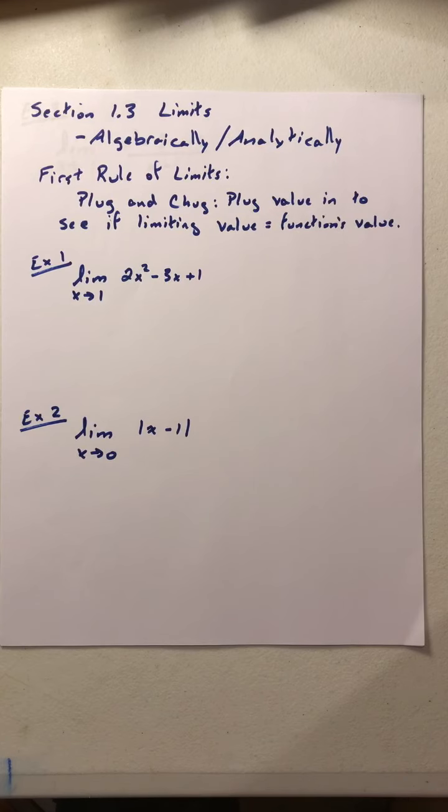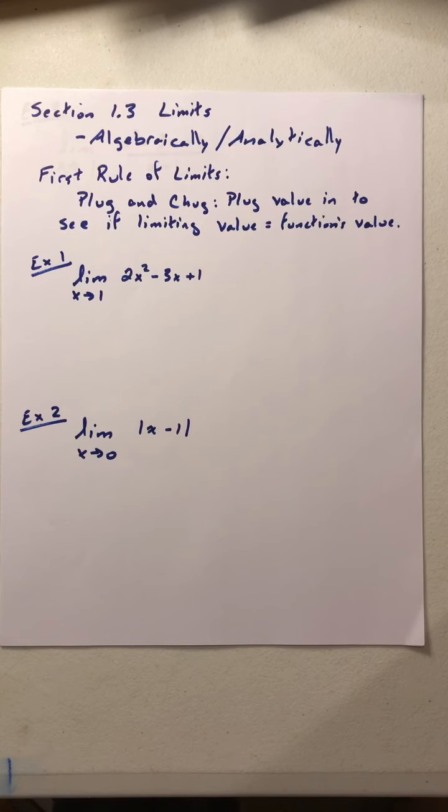And as we get into note cards, we'll start making these things make a little more sense. But my first rule of limits is always the plug and chug. And what does that mean? It means plug the value in, the x value. If you get a value out, then that's generally going to be the limiting value of the function, unless we have a piecewise function.